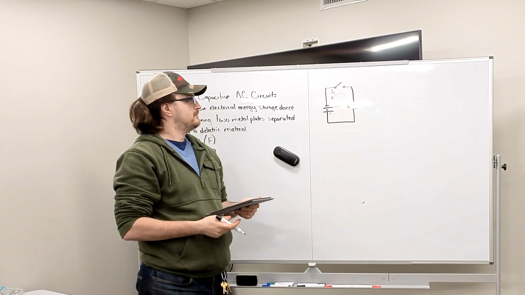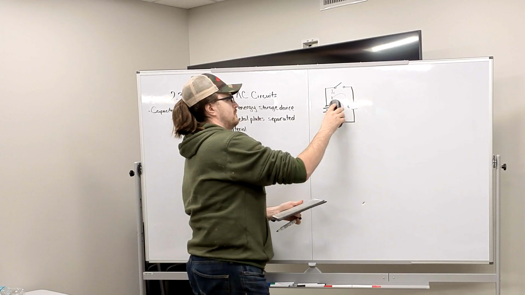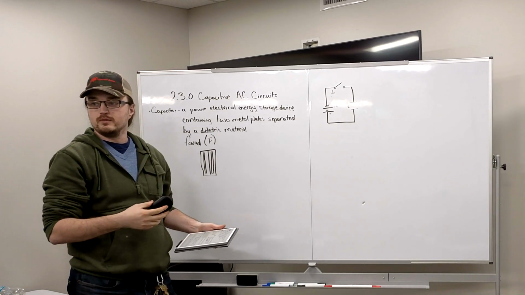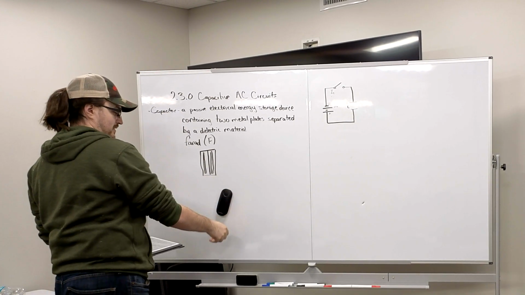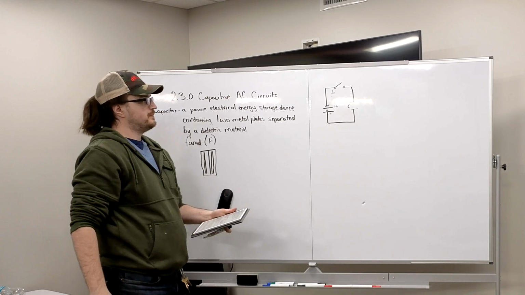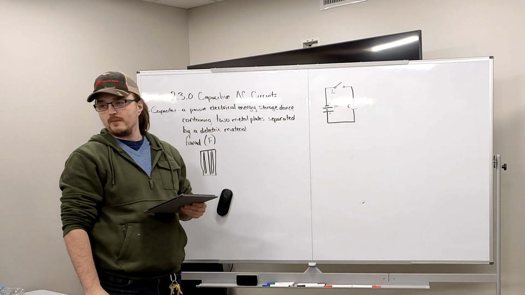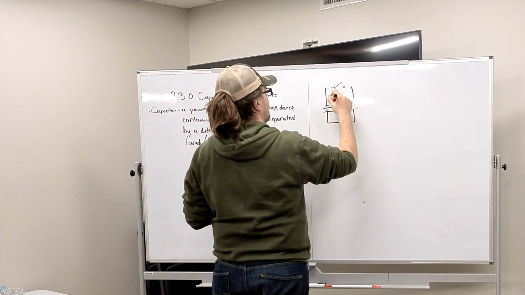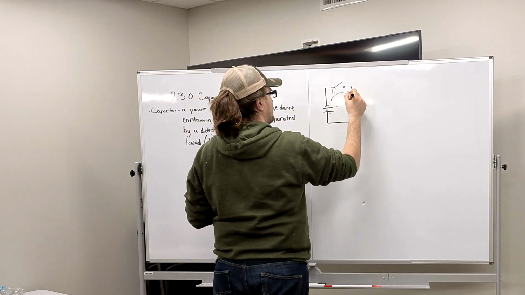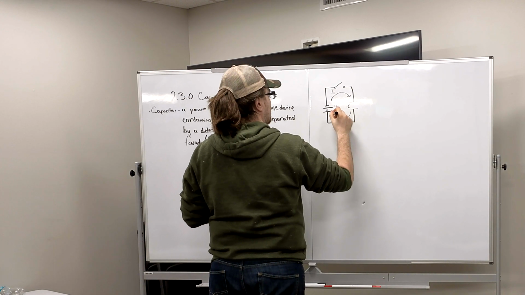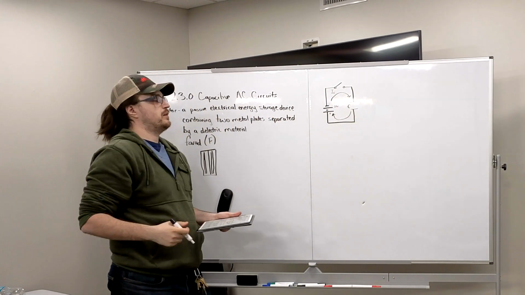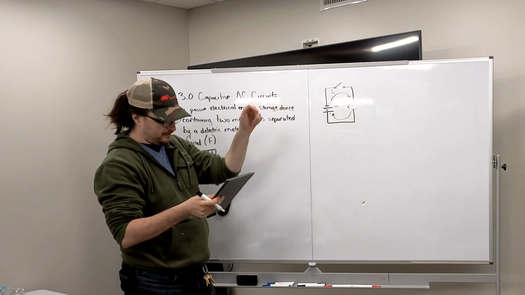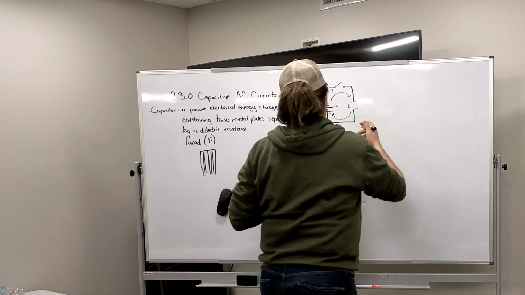I_C flows towards the plate. I is current, C subscript means capacitive. So which way does the current flow? Clockwise, towards the positive. So when that switch closes, current will be flowing clockwise because this is your power source right here, and it is 10 volts.